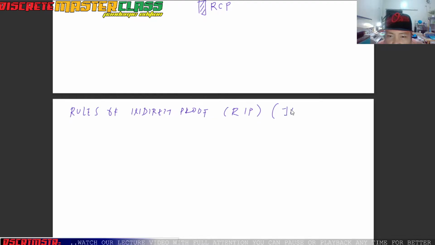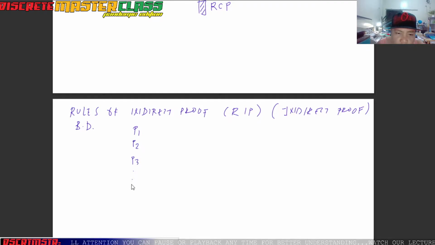Ito naman yung tinatawag na indirect proof. Okay? Ano ang idea nito? Ang idea nito, again, going back to the basic definition of the argument, we have P1, P2, P3, up to Pn, therefore Q. Again, that is the argument form.